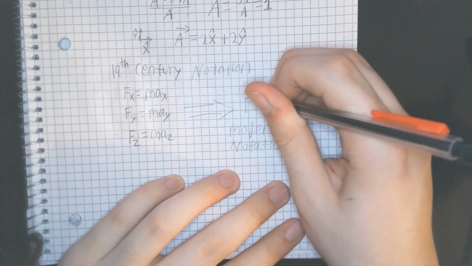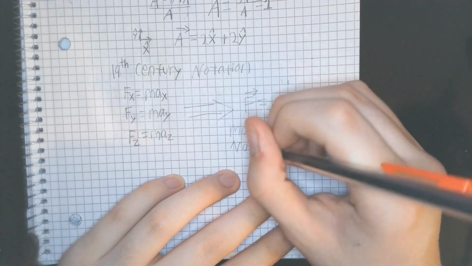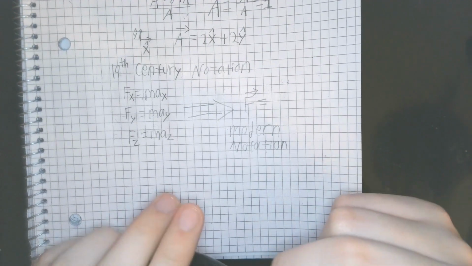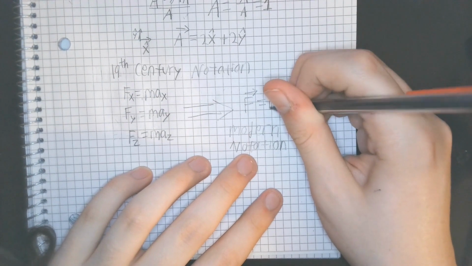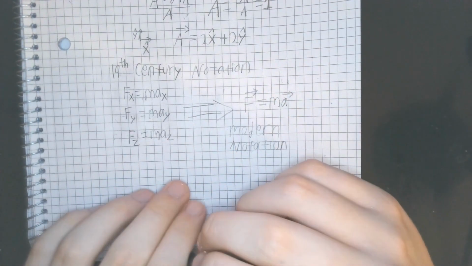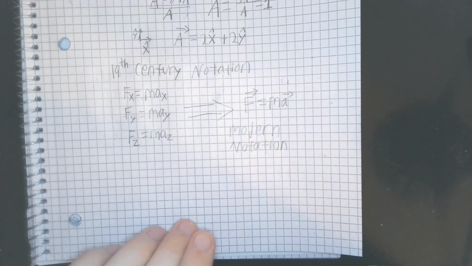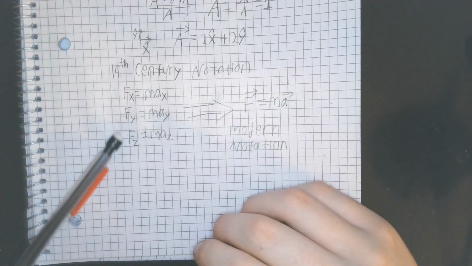So the force vector, much like what we did up there with A, writing it in terms of x and y, we can just write as one vector: the force vector equals the mass times the acceleration vector. And the acceleration vector could be in the x, y, and z components. So I think you can see at least why modern notation is significantly better. Just be glad your physics teacher doesn't make you write it out like this.